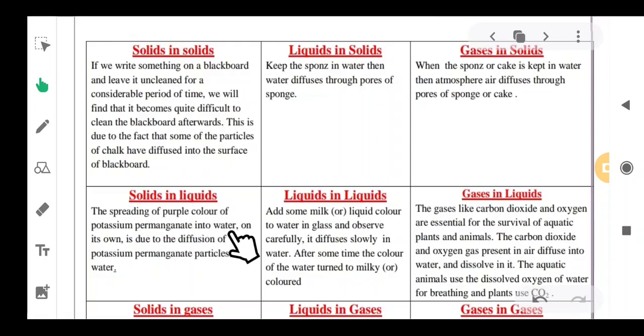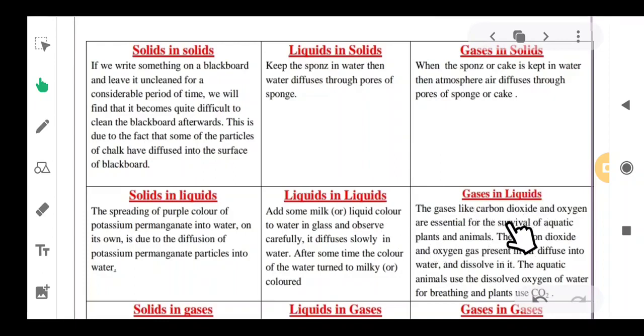Next, liquids in liquids. If you take some milk or liquid color or Dettol is also a liquid, so it diffuses in water. So this is the example of liquids in liquids. And what about gases in liquids?